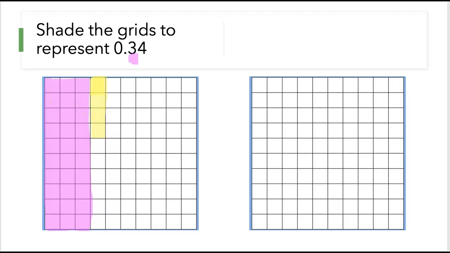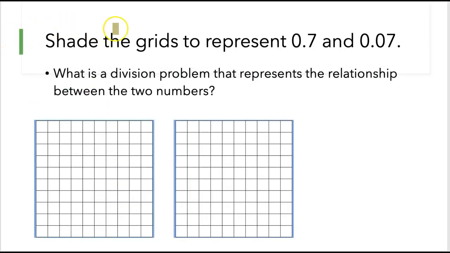If we continue talking about this, this says shade the grids to represent 7/10 and then 7/100, and then we're going to compare the two and see what the relationship is. So 1, 2, 3, 4, 5, 6, 7. Here are 7 10 sticks, which represents 7/10 in yellow.